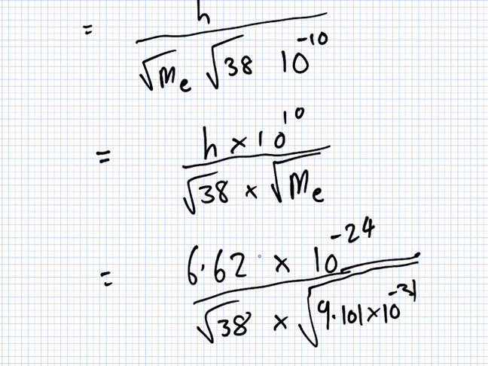What is it? 6.6. I just want to see what it says in the exam book. 6.63 is what's in the formula book here, if you do it to 2 decimal places.